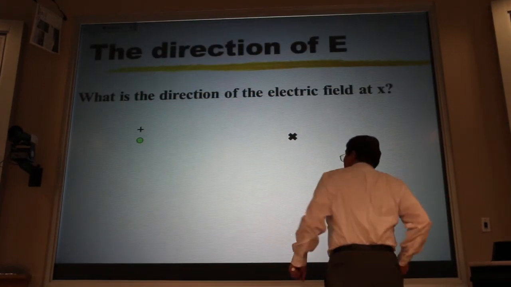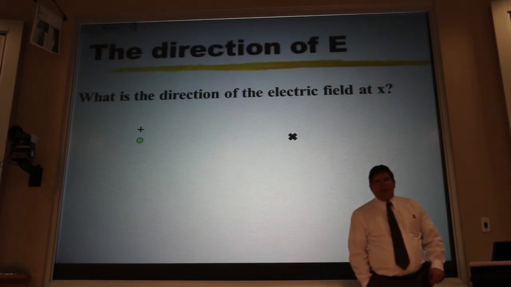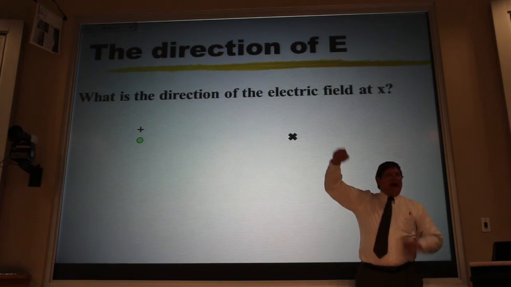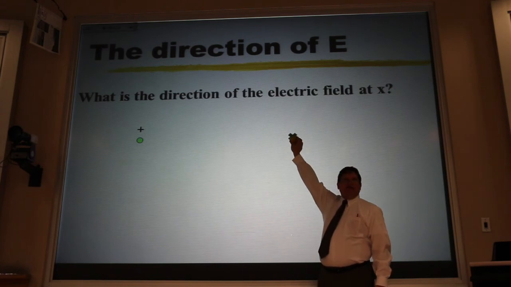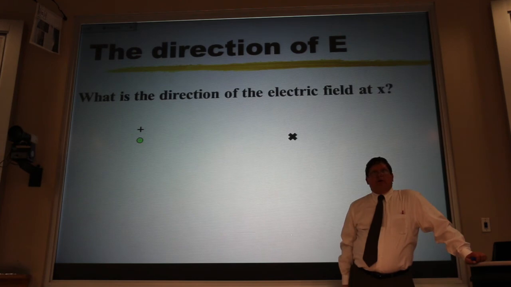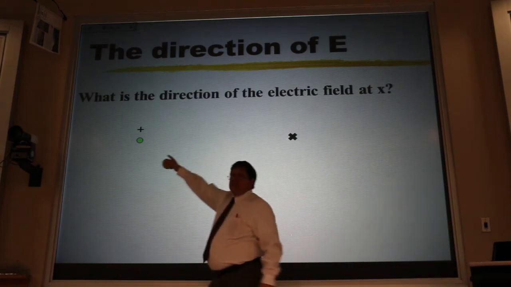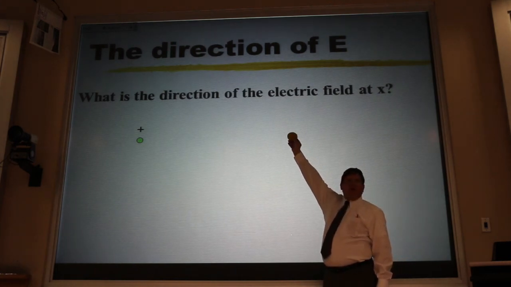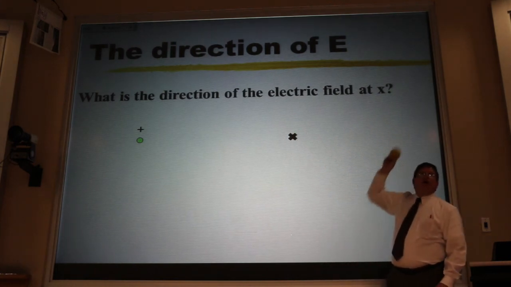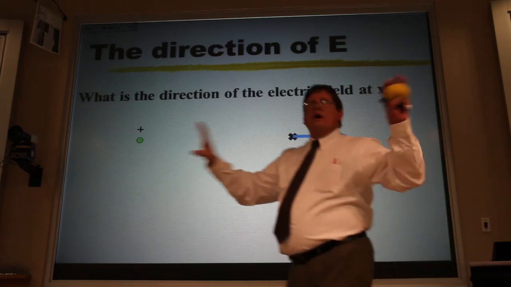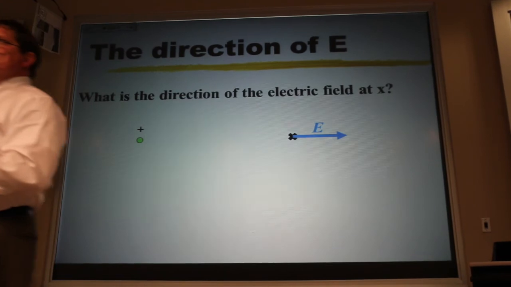The electric field says, if I reach into my pocket, and if I pull out +1 Coulomb, and if I put it at the X, the electric field will just be how hard that 1 Coulomb is pushed. Now, if that's positive, and this is positive, which direction is that +1 Coulomb going to be pushed? Away. And so I'm going to get an electric field away from a positive.